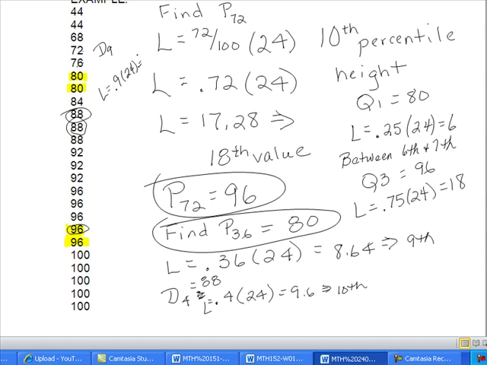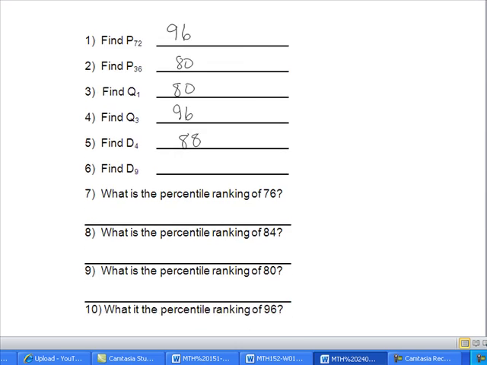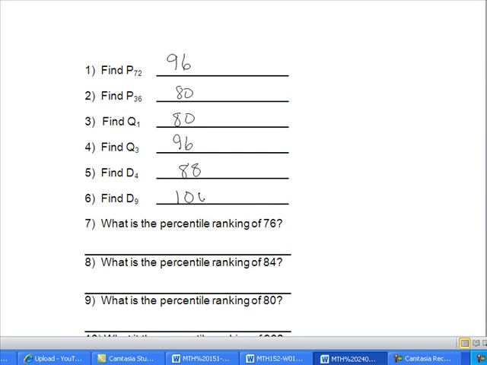So it's going to be the 22nd number, which is going to be 100. So that's how we use the locator formula to find a given percentile, quartile, or decile.